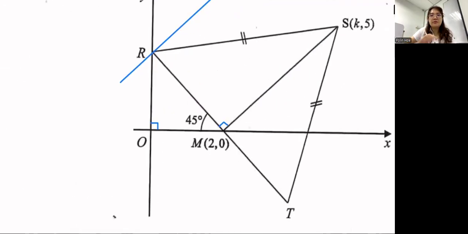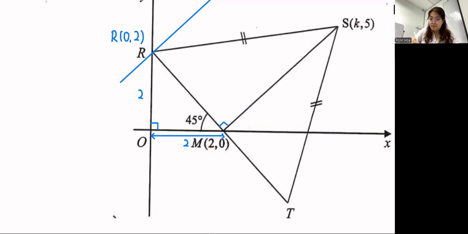Tangent 45 equals 1, so O over A equals 1, OR over 2 equals 1, OR equals 2. So the coordinate of R will be 0, 2. Now use the gradient of MS and point R.